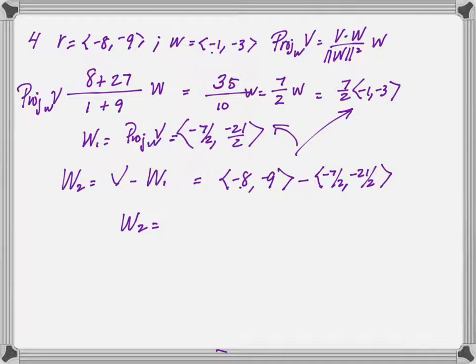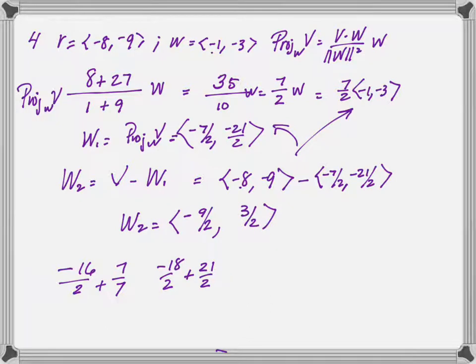So that would be -16 halves, still negative, right? So -9/2. And -18/2 plus 21/2 is equal to 3/2.